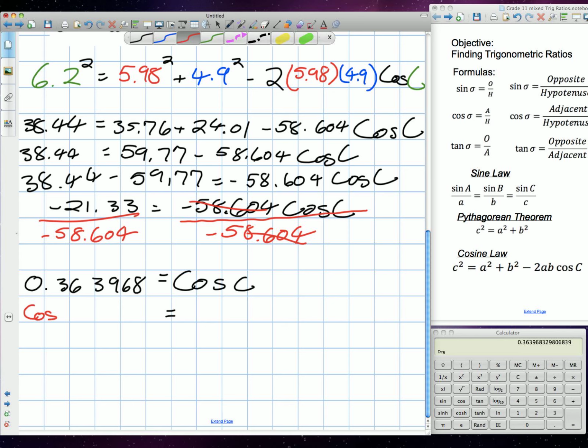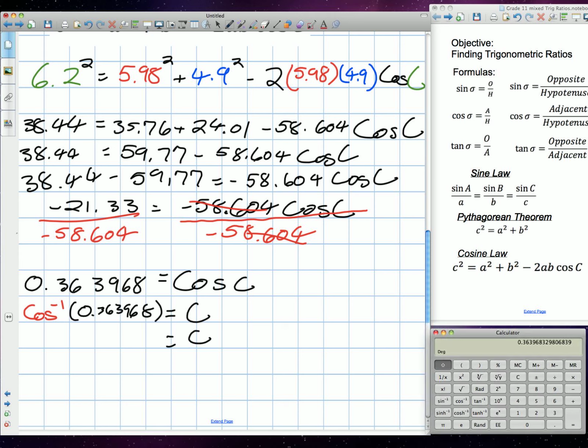Cos inverse to that number, 0.363968, is now equal to C. So in our calculators, we have this number, shift second function cos, 68.68. Or 65 degrees, which we can say C is approximately, I guess 69 degrees we'll say, for rounding it, okay?